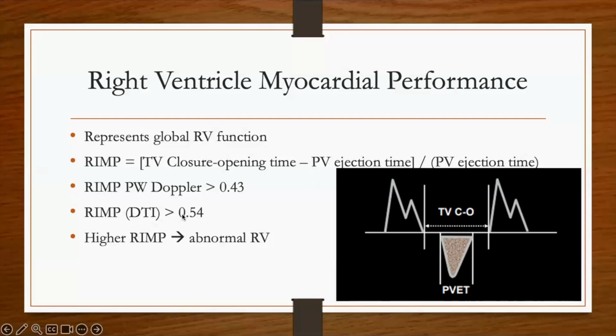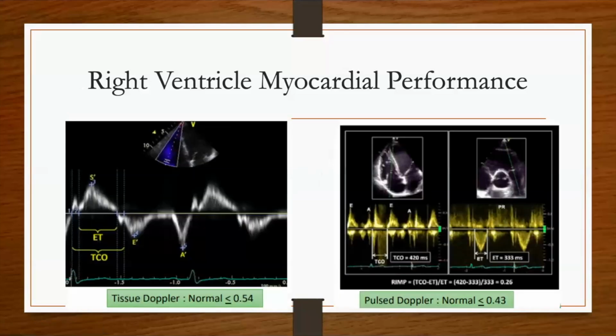There are two different ways of looking at this, either with the PW Doppler with a cutoff of 0.43, and the higher this right ventricular myocardial performance index, the worse or the more abnormal the right ventricular function is. I think I have a better picture on the next slide.